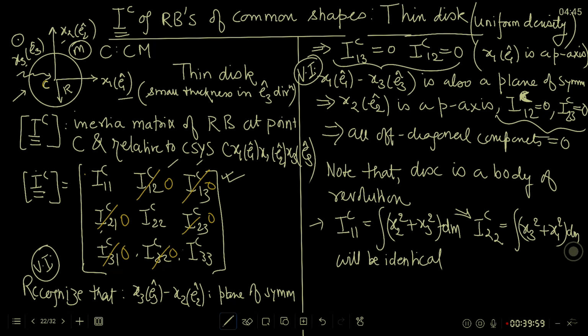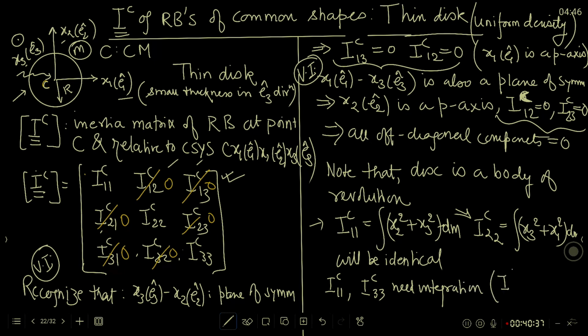It makes no difference if you reorient x1 to x2 and x2 to x1. And that is why I need to do integration only for IC11 and IC33, because IC22 will be the same as IC11.